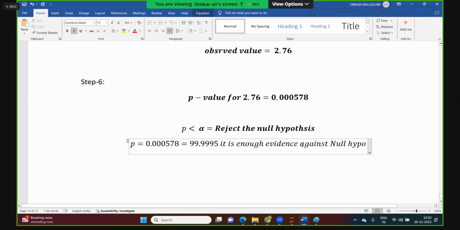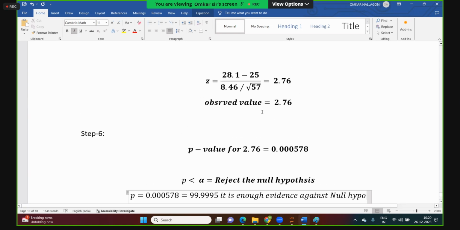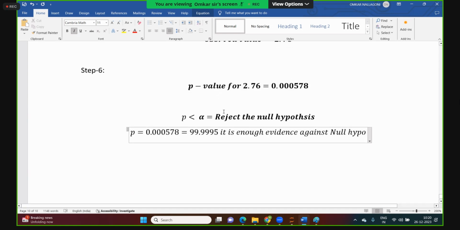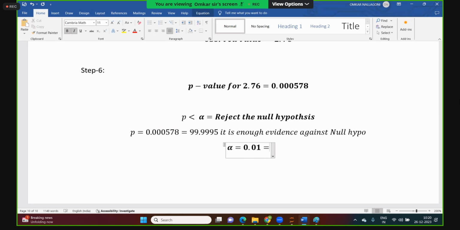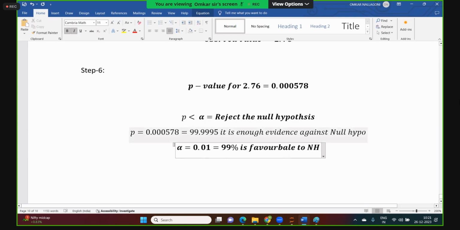Because you are saying 99% is enough. That is alpha, right? Alpha is equal to 0.01, which is nothing but 99% favorable to the null hypothesis. But this is favorable to whom?